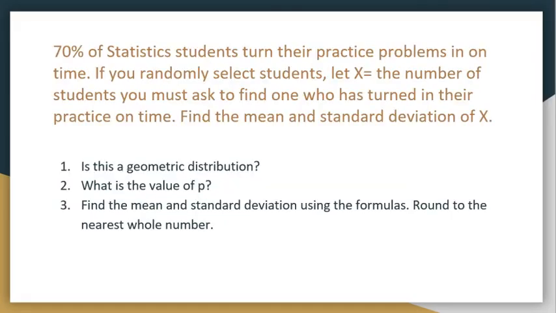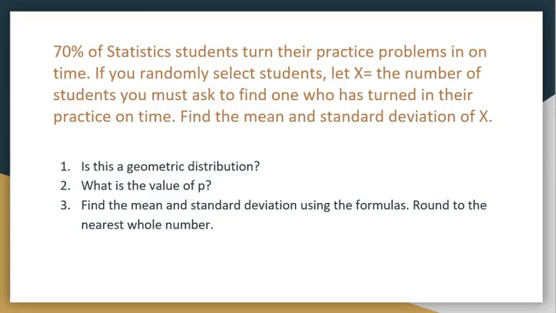So, 70% of stat students turn their practice problems in on time. If you randomly select students, let x equal the number of students you must ask to find one who has turned in their practice on time. Is this a geometric distribution? The answer is yes, because we have only two outcomes, success or failure.